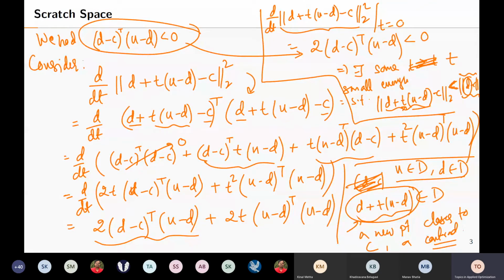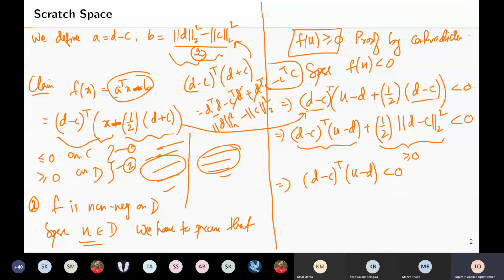Remember how we started: with this being non-negative, and with a contradictory assumption that this is less than 0. It is now contradicting this.